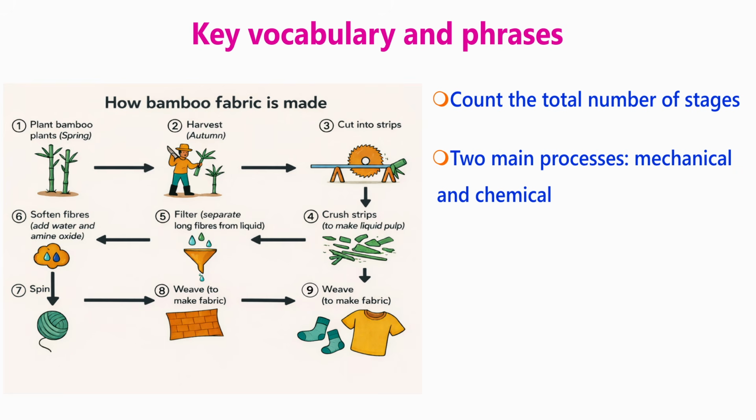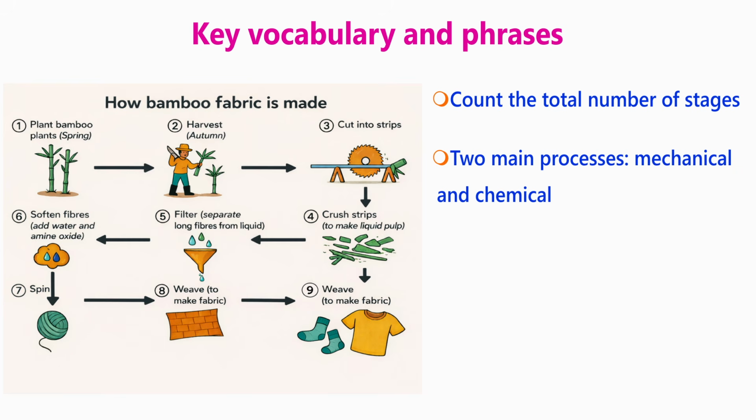As you can see, up to stage 4, the stages are mainly mechanical, all right? But from stage 5, it becomes chemical. So the latter stages involve some fabric formation or chemical processes. So it is divided into mechanical and chemical processes.